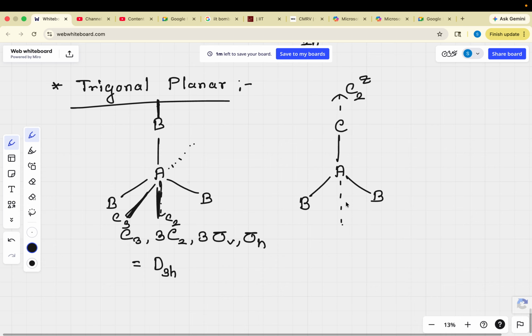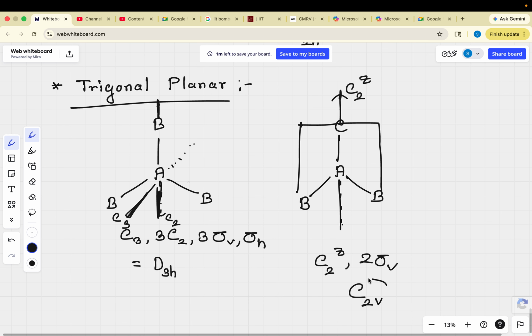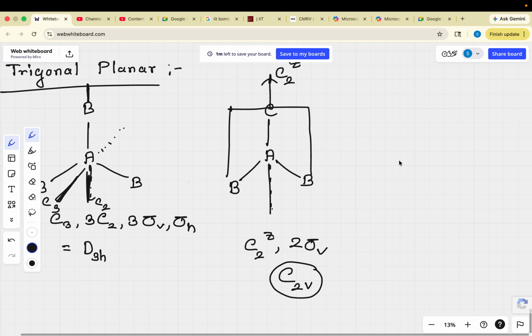Now check sigma V: you can place a plane along this, and another along this. So you have C2Z and 2 sigma V, which leads to the C2V point group.